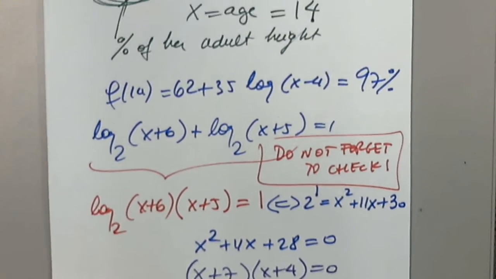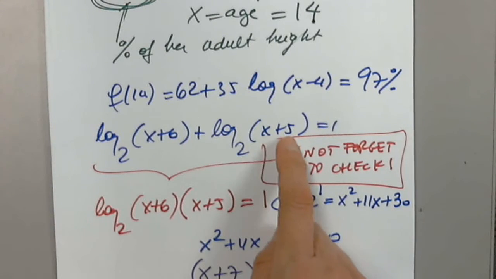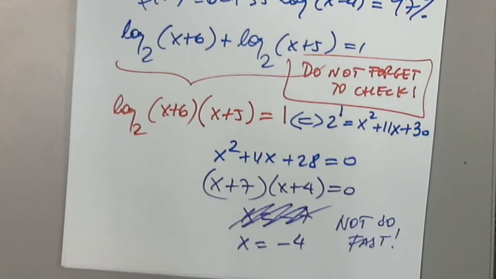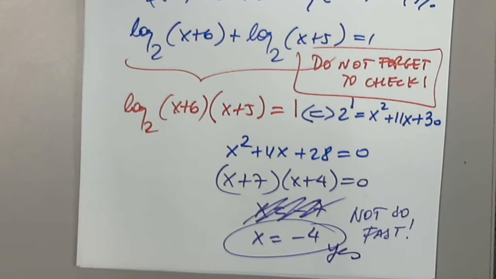So I'm going to check -4. -4 plus 6. That's okay. -4 plus 5. That's okay. So this is the only one. Does it make sense? Okay. What else? Anything else from this test?